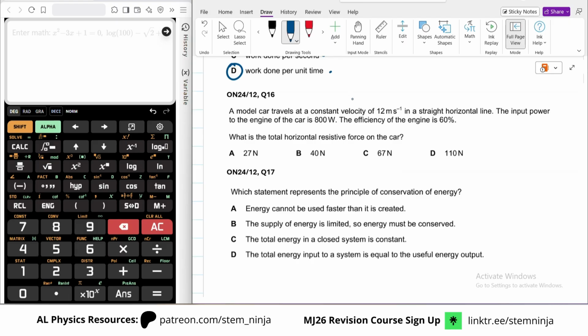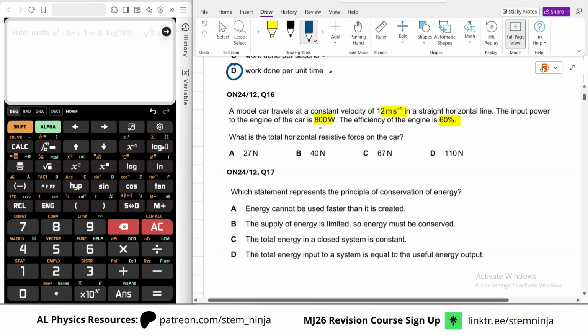A model car travels at a constant velocity of 12 meters per second in a straight horizontal line. The input power to the engine is 800 watts. Efficiency of the engine is 60%. What is the total horizontal resistive force on the car?